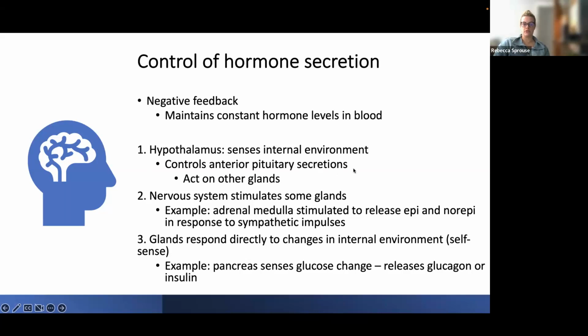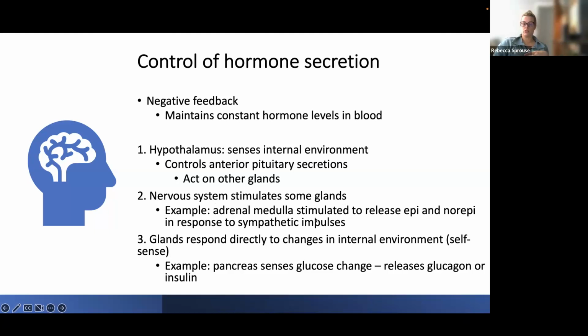And then the anterior pituitary secretes hormones that act on some other glands. We'll get there in just a little bit. That's one way. The second way is that the nervous system stimulates glands on its own. So remember that I said the posterior pituitary was made up of axons, okay? And that's stimulated by the nervous system. So the posterior pituitary, for example, is not stimulated by the hypothalamus, but by the nervous system.